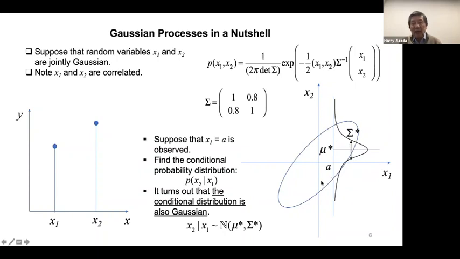Interestingly, the conditional distribution is also Gaussian, completely described by its mean value, mu star, corresponding to some new test point, and the variance or standard deviation, sigma star.